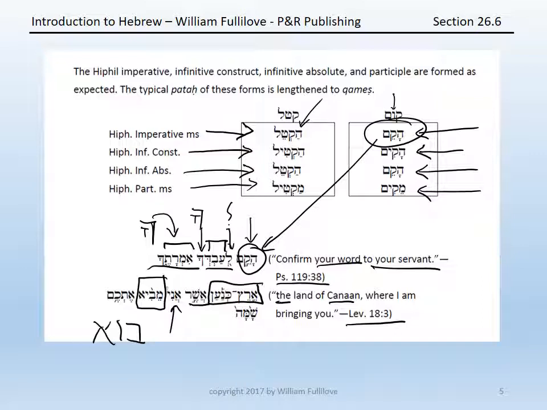Bo in the qal is to come or enter, and the hiphil is to bring. So the land of Canaan, where I am bringing etkem, you, this is the suffix right there; shama, sham is there, plus the directive he.